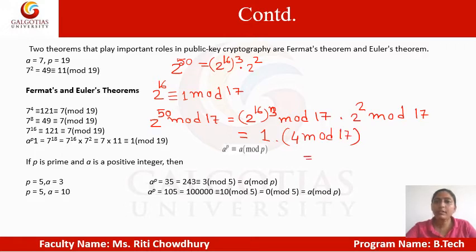So what we can write here, 4 mod 17, I have already told you in previous classes that if I am having a number less than the modulus, then we can directly put it as 4, or you can do the division and have the remainder as 4 also.